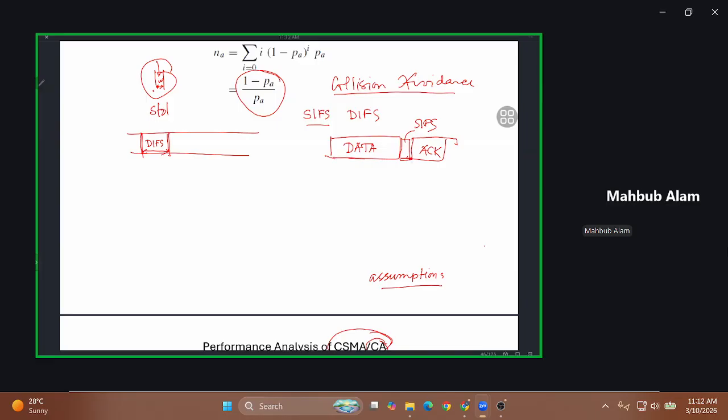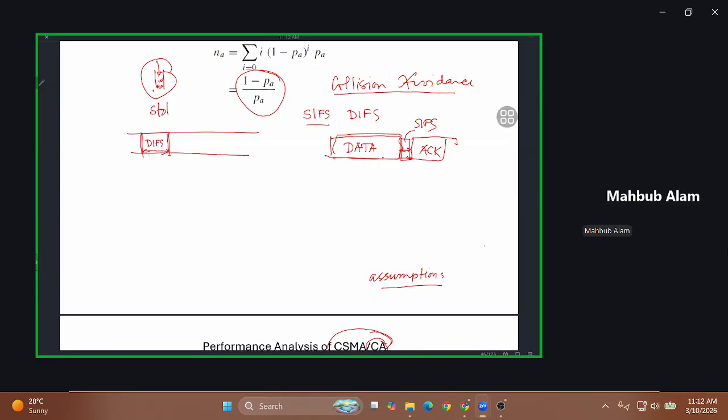When a station completes the transmission of a data packet and waits for the acknowledgement, no other station starts the transmission of their packet. That's why this gap SIFS is intentionally made smaller than DIFS, because a station has to sense the channel free for DIFS before it can start a transmission.